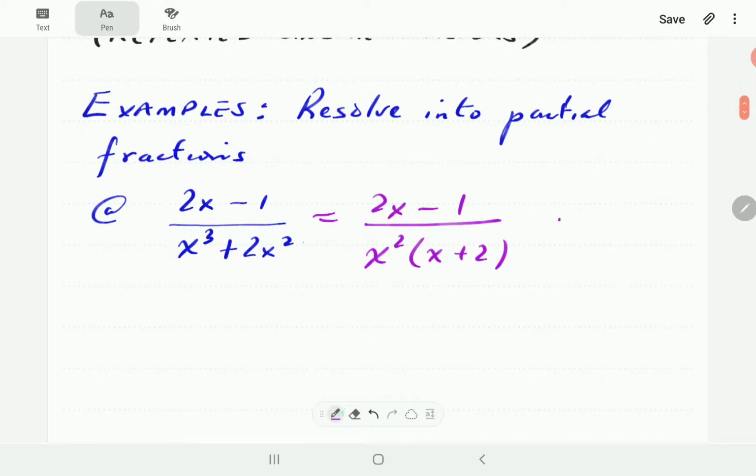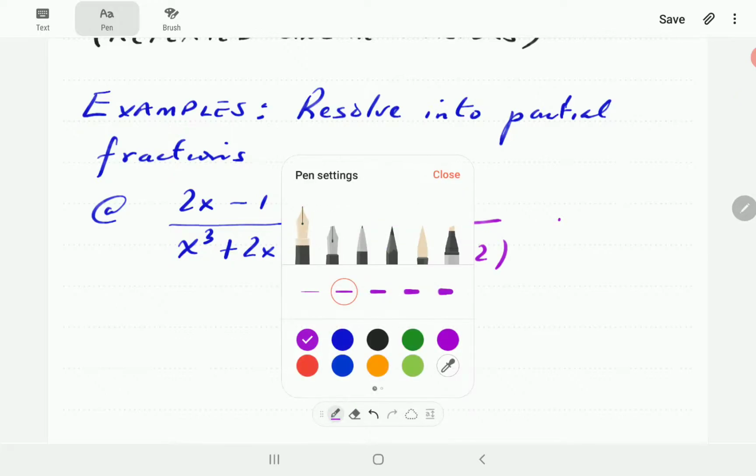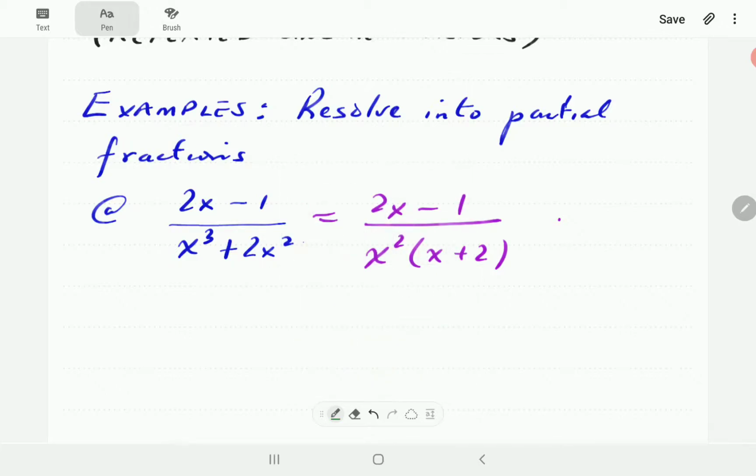Then we notice that x squared is a repeated factor, and something we mentioned in an earlier video is that if you've got a repeated factor like this one, repeated twice, it means it's got two factors in there. The first one is x, and the second one is x squared.